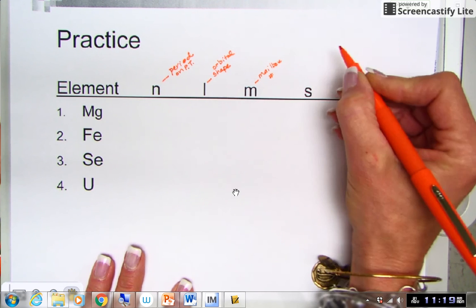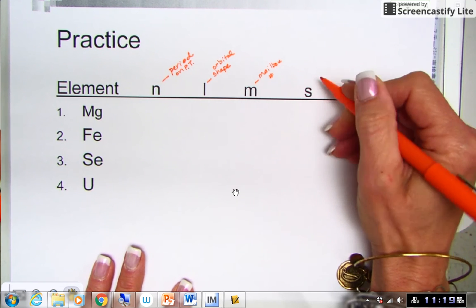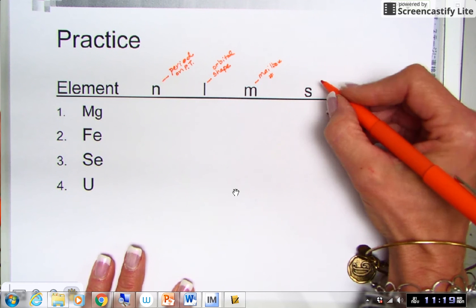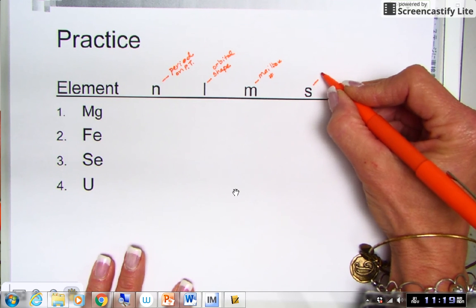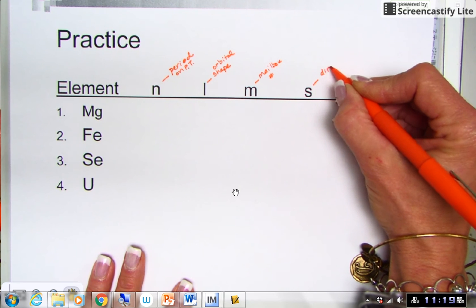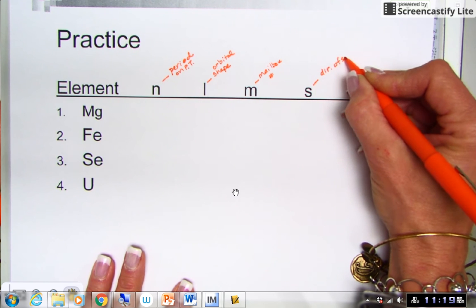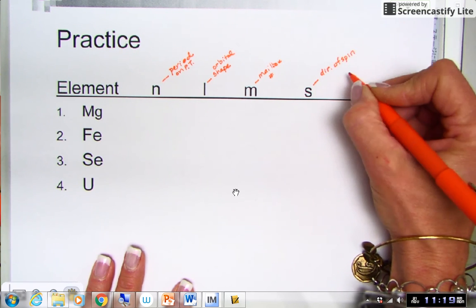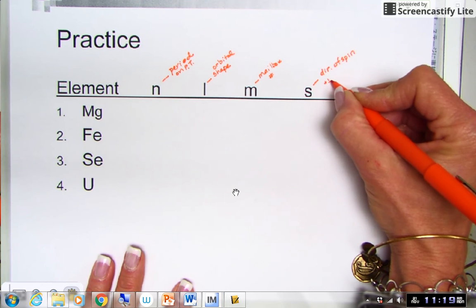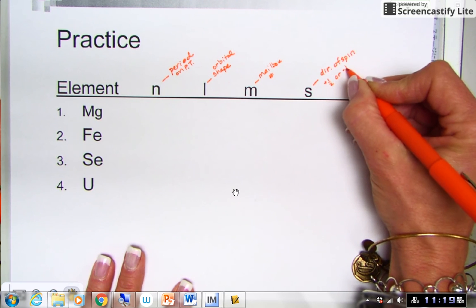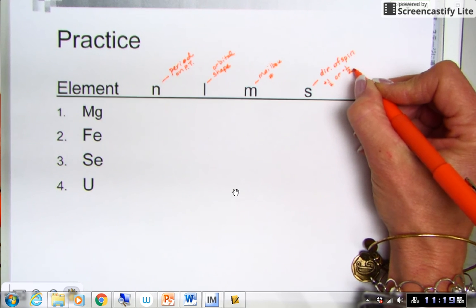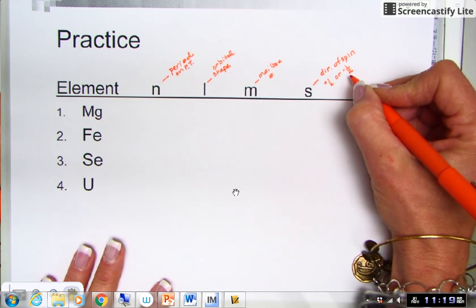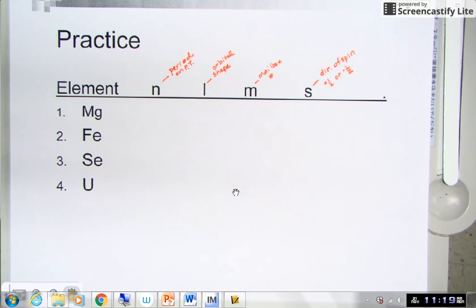And if you go back to the lesson that I posted, you will hear why I call it the mailbox number. And then S is your spin quantum number. It tells you the direction of spin of the electron, and it's either going to be a positive 1/2 or a negative 1/2, representing a clockwise rotation or a counterclockwise rotation. There's only 2 directions the electron can spin.